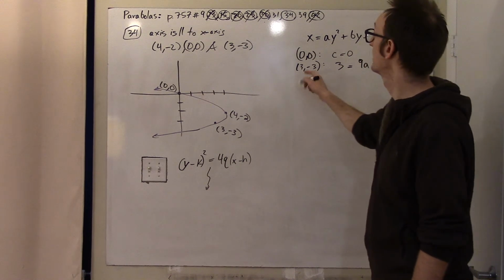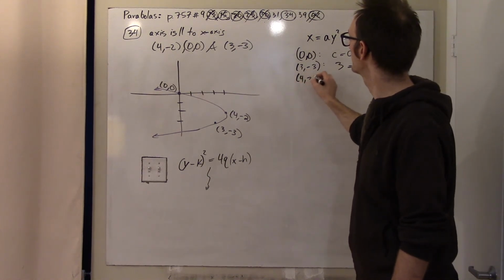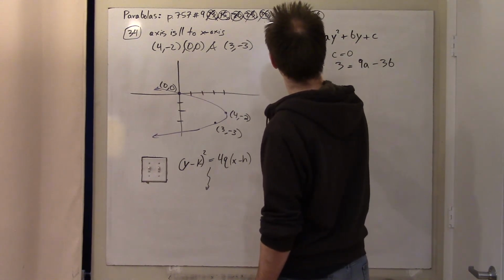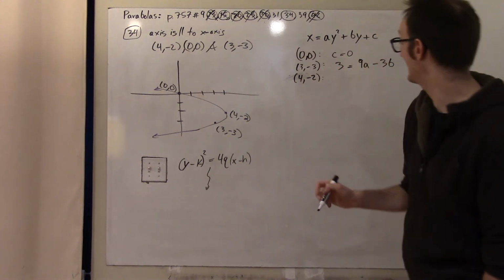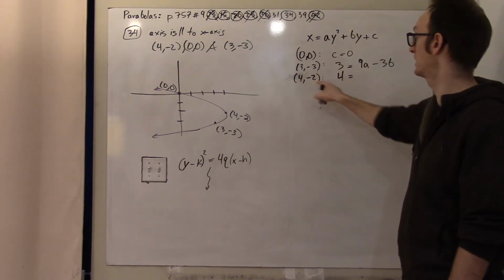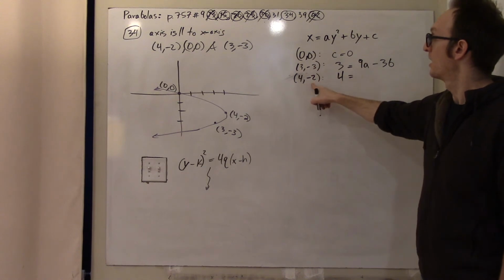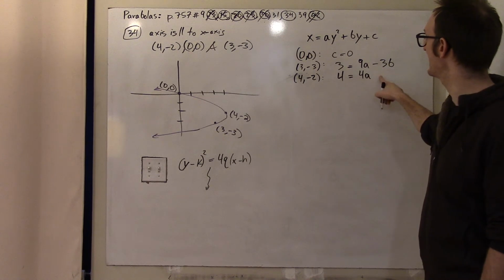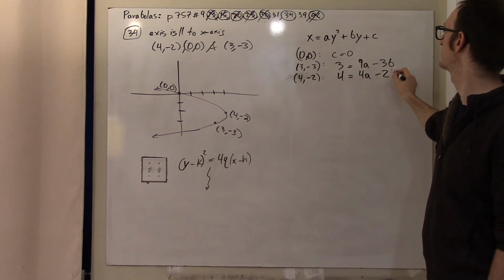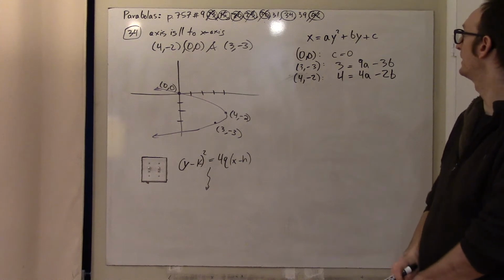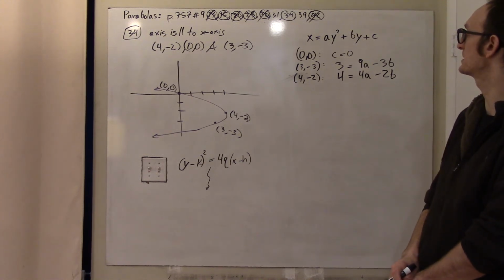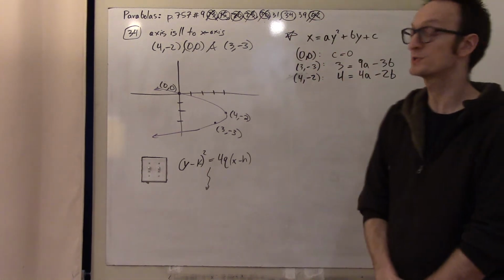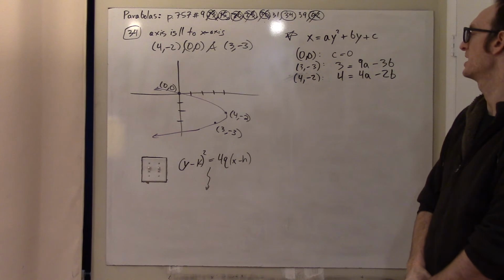And when I plug in 4, negative 2, when x is 4, y is negative 2, so I plug in negative 2 for y, and I get 4a minus 2b plus c, but c is 0. So the advantage of doing it this way is that the 0, 0 point immediately kills that c.